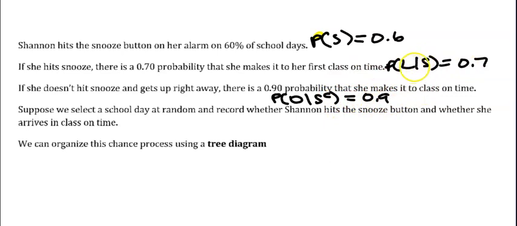And I miswrote this. This should be that she is on time. So we're going to say O for on time. So there's a 30% chance she's late when she hits snooze. And there's a 10% chance that she's late if she doesn't. So that adds to 1.